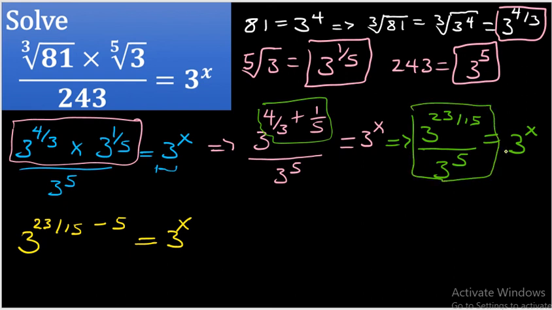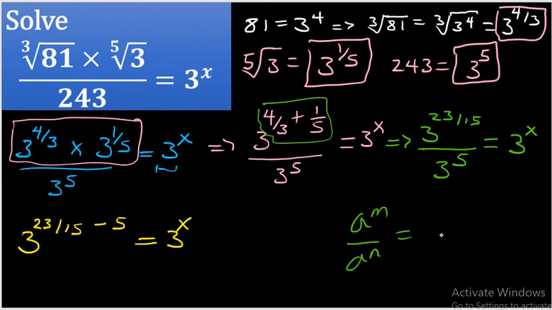The next step, again, try to observe here. This is two exponents written as a quotient having the same base. So according to the quotient rule, a to the power of m over a to the power of n, we can write it as a to the power of m minus n. That's how I apply it here: 3 to the power of 23 over 15 minus 5 is equal to 3 to the power of x.